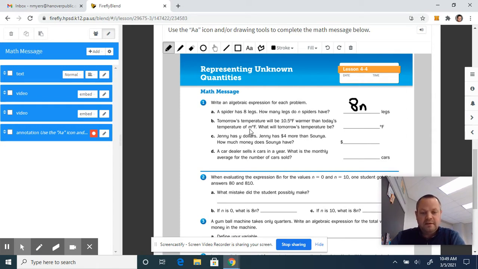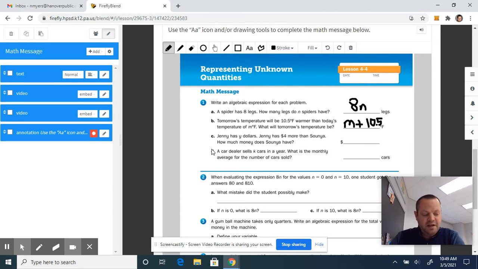So I take today's temperature, M, and I add, because it says it's going to be 10.5 degrees warmer. So plus 10.5. I can't really go any further. That's all I know until I figure out what today's temperature was. So M plus 10.5.